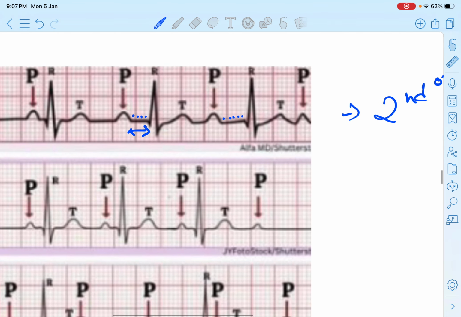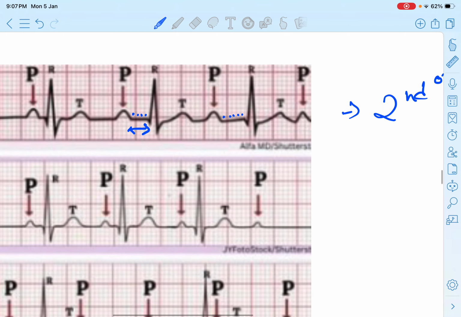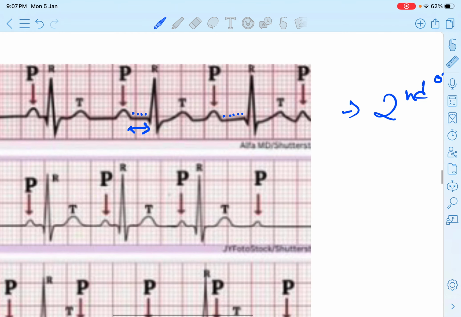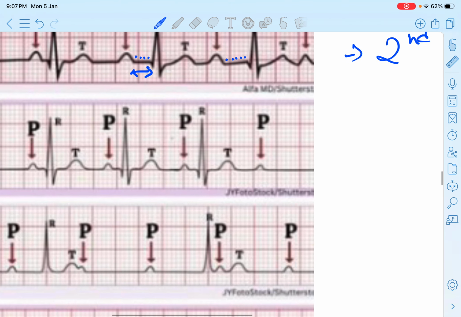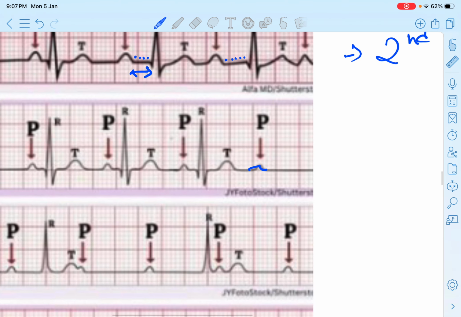If you notice, here is the P wave. The P wave has no relationship with the QRS.